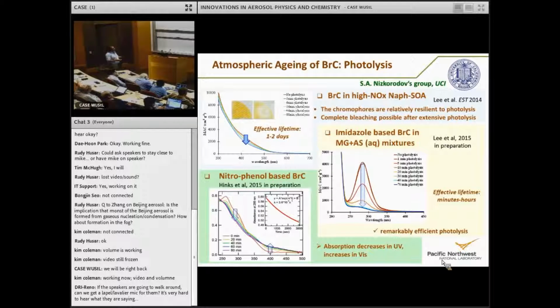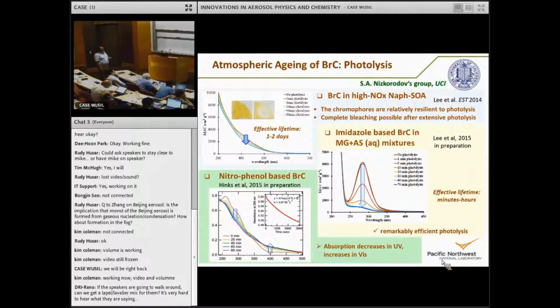Upon photobleaching, the absorption decreases in the UV region, but builds up in the visible region. So all these chromophores are chemically different, and they behave differently. Understanding these differences and the relationship between the composition of this material and its optical properties is really needed to advance this research.